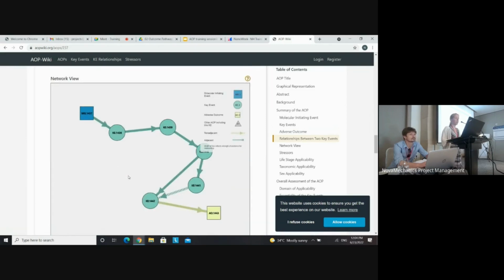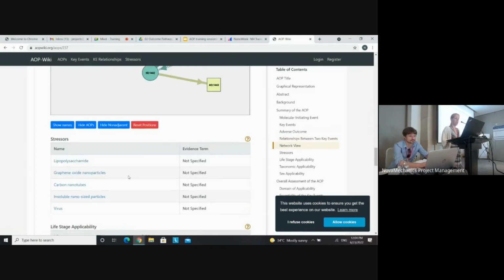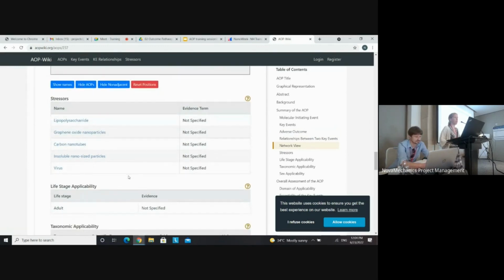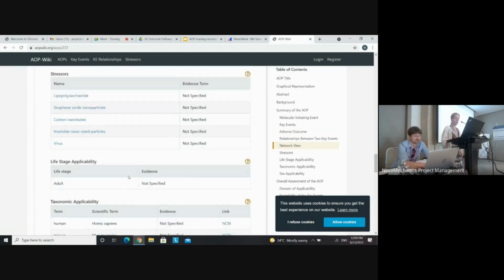Then there are different views of all the AOPs, and then there are also the stressors that you have to come up with when you construct your AOP. You have to mention which stressors will start the AOP. So this is what we have done here. Just remember that the AOP cannot be stressor specific. You have to put them in, but this AOP is not fixed on one specific stressor, so they have to be more broad.